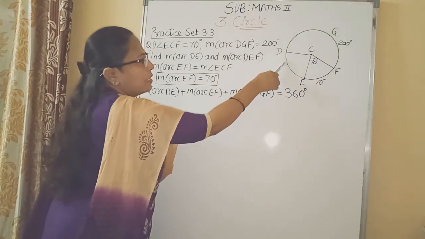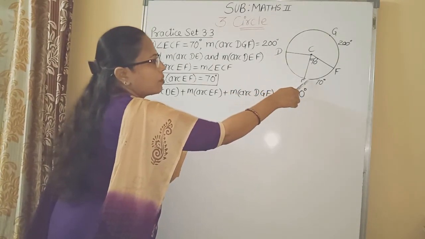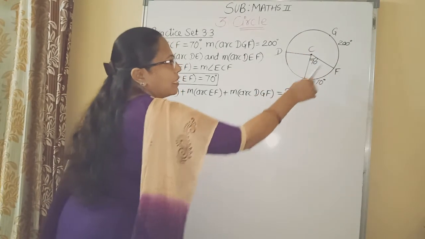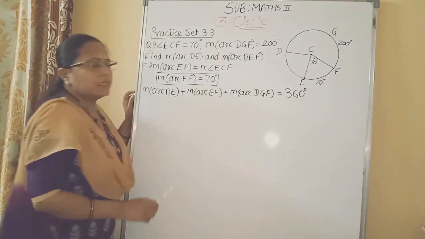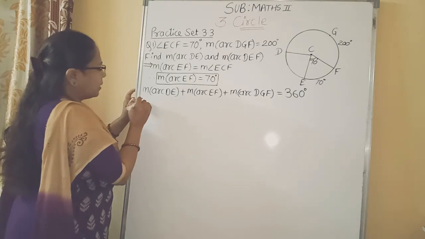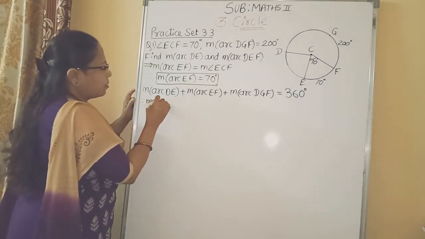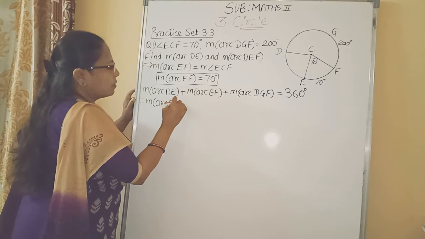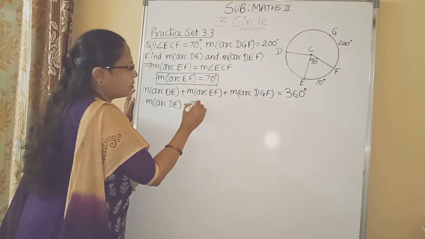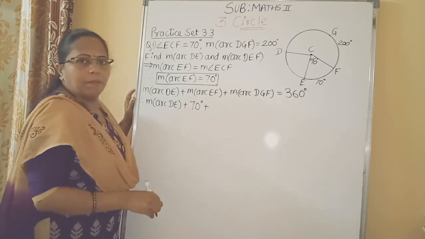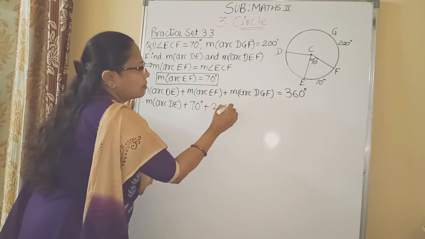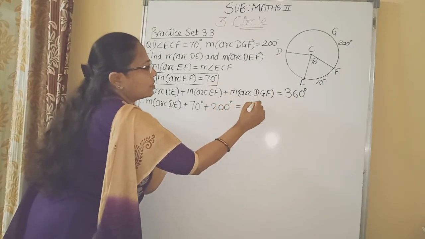So let us substitute values. Therefore, measure of arc DE plus measure of arc EF we calculated 70 degree plus measure of arc DGF is given 200 degree is equal to 360 degree.